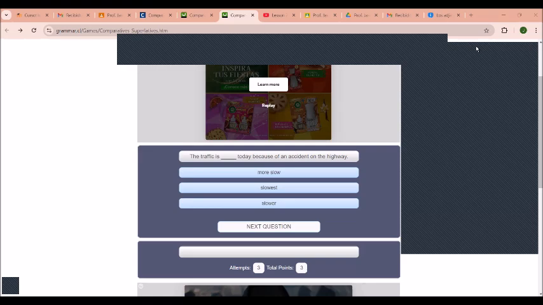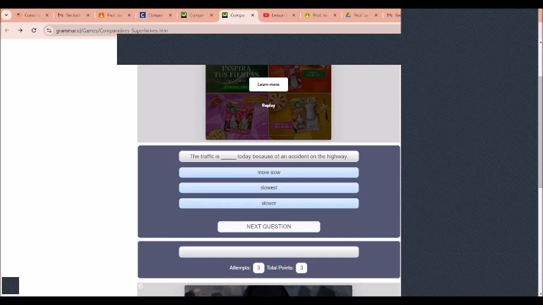Slow becomes slower. Right? Single syllable adjectives don't need more. Multiple syllable adjectives will use more, like more difficult, more contagious, more expensive. But slow is a single syllable word.